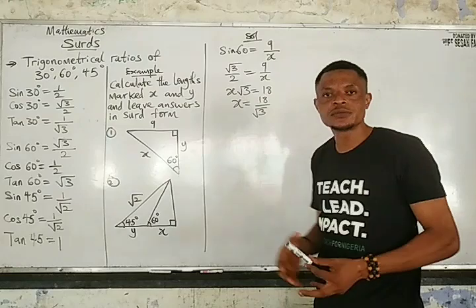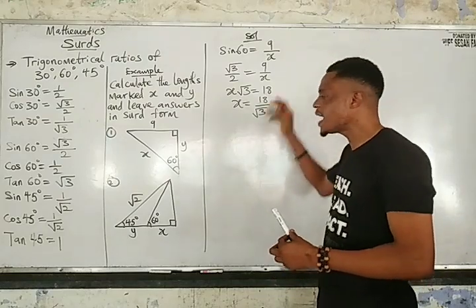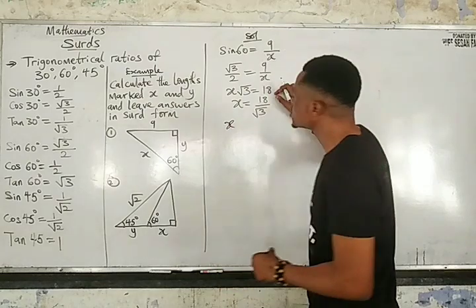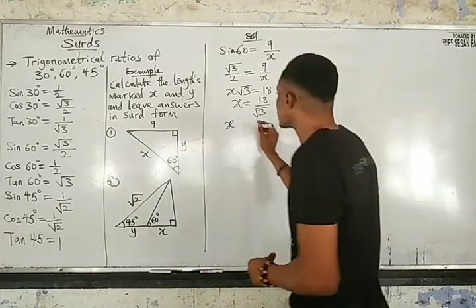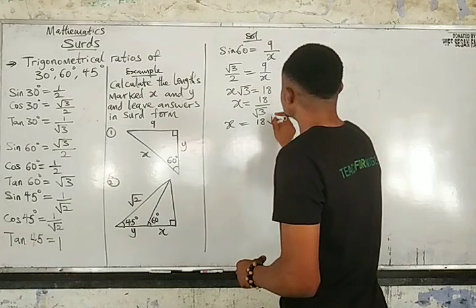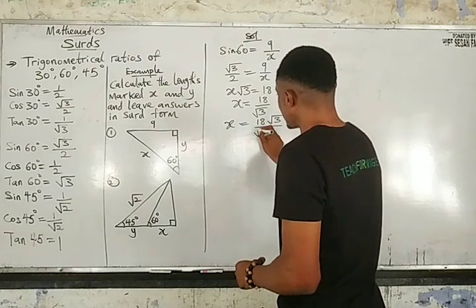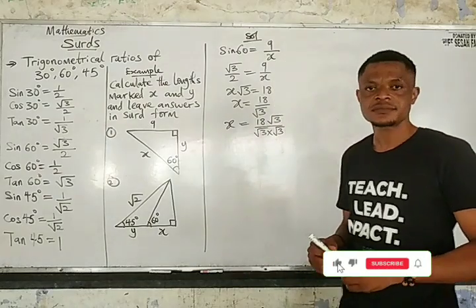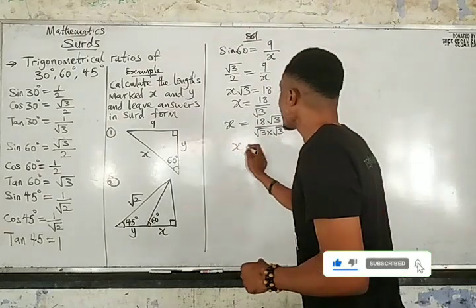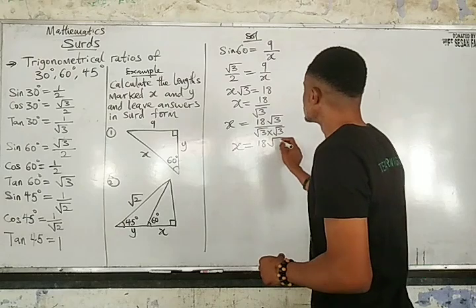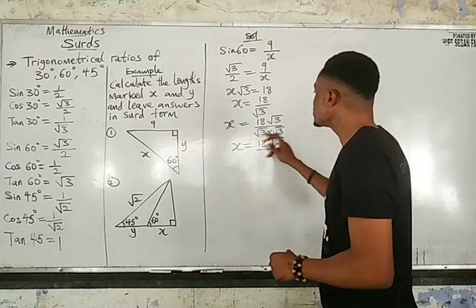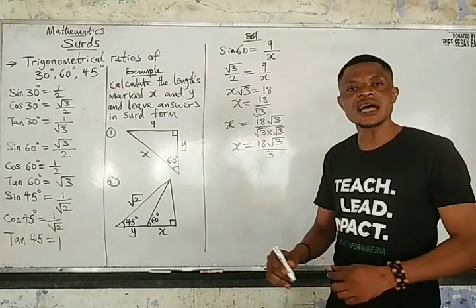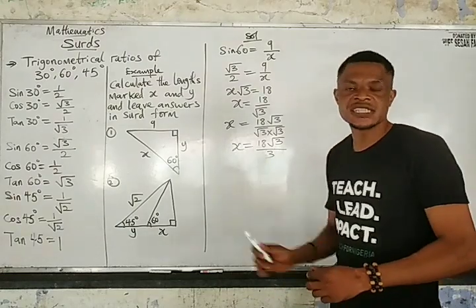Based on what you've learned from surds so far, we are going to rationalize what we have here. Rationalizing this means root 3 will multiply both the numerator and the denominator. So we have x equal to 18 root 3 all over root 3 multiplied by root 3, which will give us 3. 3 goes here, 1. 3 goes here, 6.